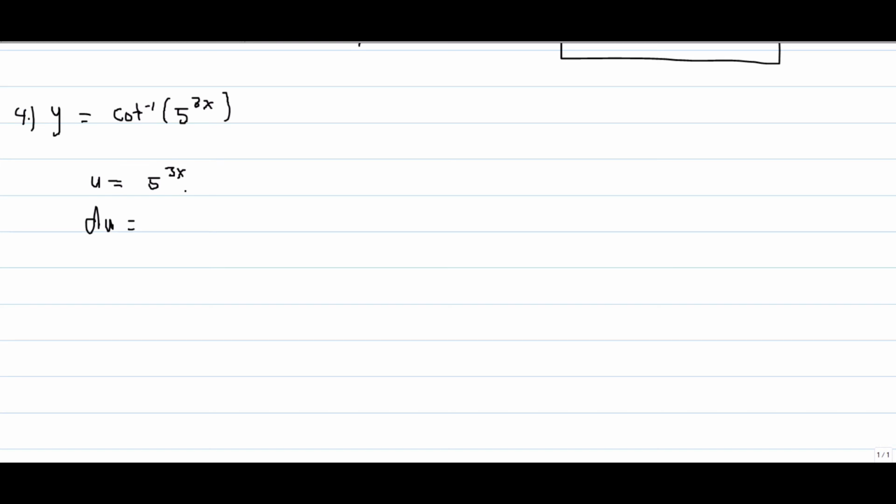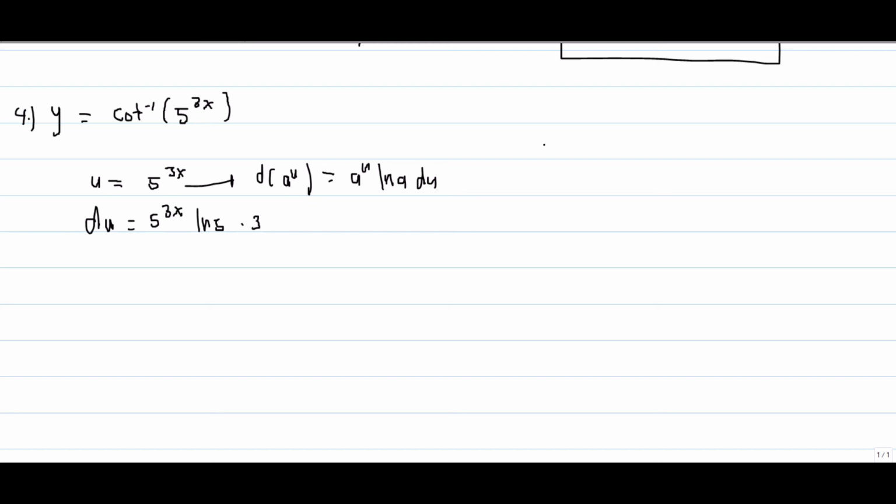In this case, we use the formula that the derivative of a to the power u is equal to a to the power u times ln a, then du. So this is 5 to the power 3x times ln 5 times 3, for the derivative of 3x, that is 3.